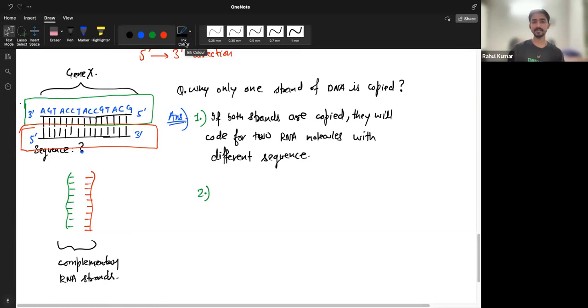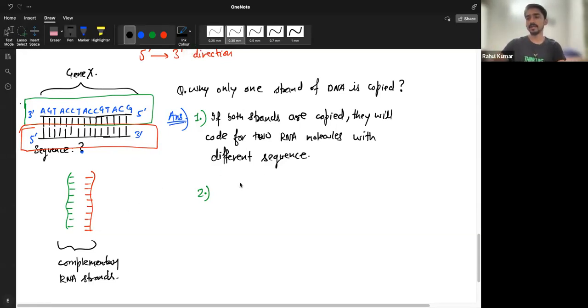So this is the second reason that the transcription machinery should not and cannot read both the strands of the DNA simultaneously. Okay. So write down the second reason.